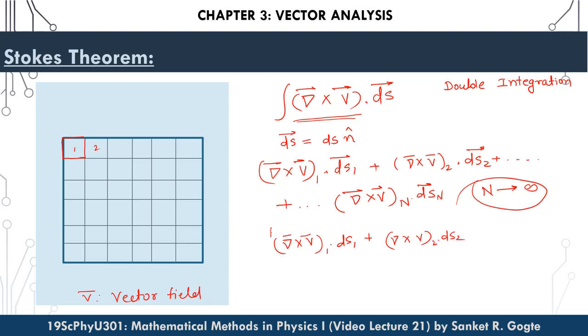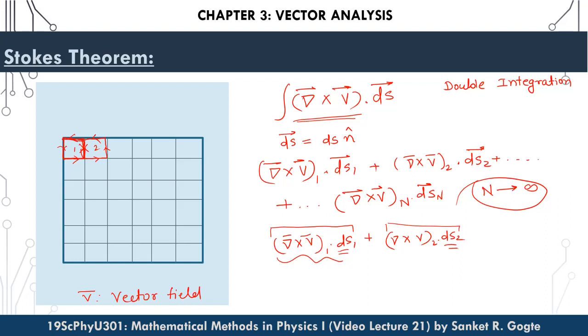Now if we focus on this first term, it is basically the curl for this area element, and then we are multiplying it by the area of this area element, and this gives us a line integration over this closed loop. Suppose it is in this direction, and the second term in a similar way gives line integration over this closed loop, which is enclosing that second area element.